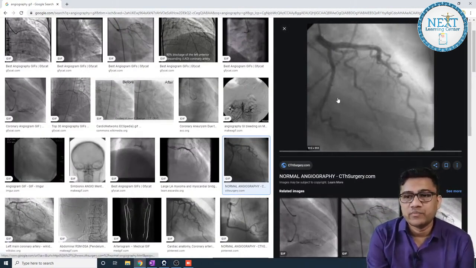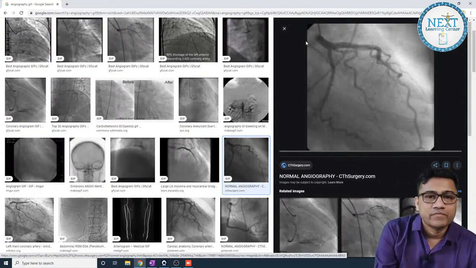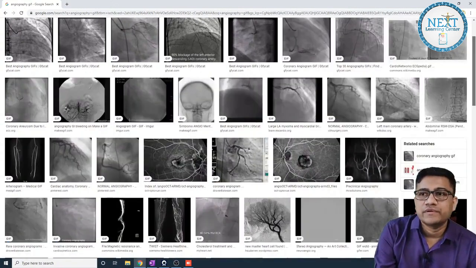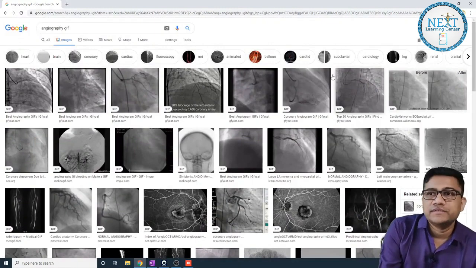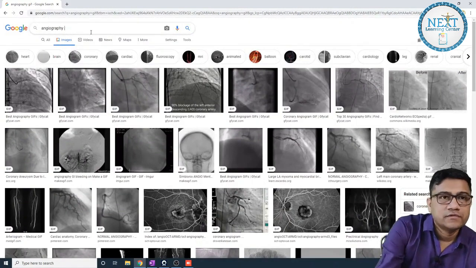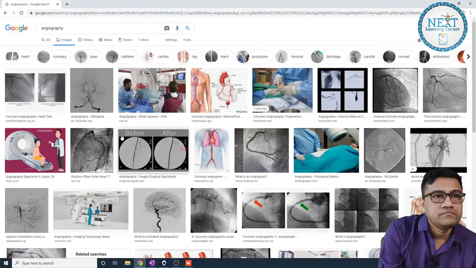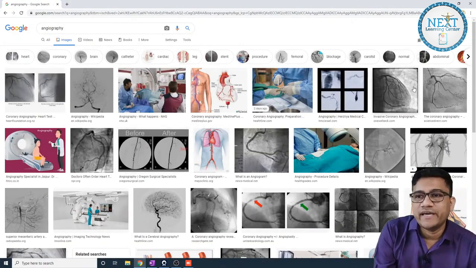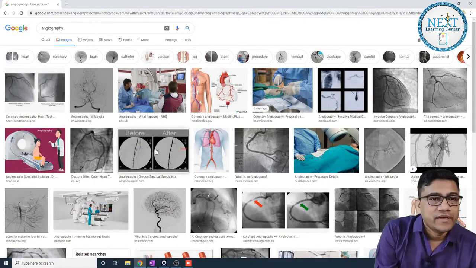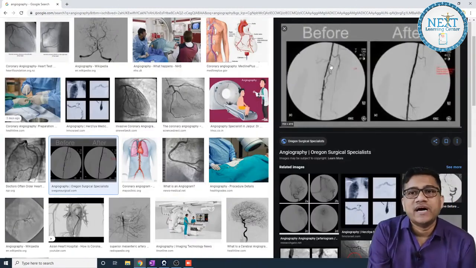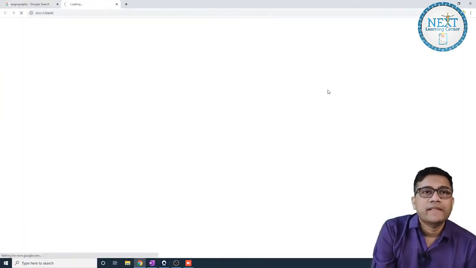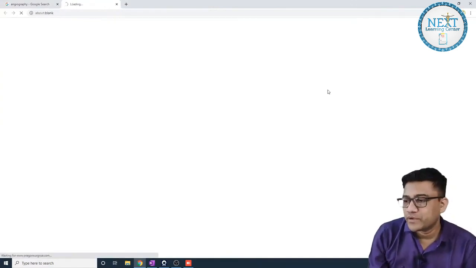I don't know if it's working properly. When you inject the dye, we can easily see all three vessels, and let's say this is the artery, you can see the block here.